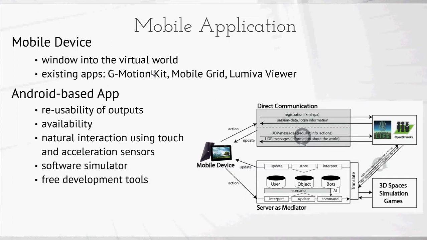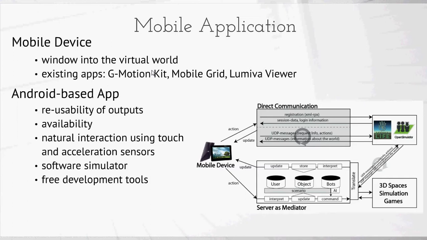We use mobile devices as this window, and despite the fact there are certain applications, we couldn't find one that is actually doing everything: looking at the objects, looking at the users, looking at the interactive bots that we implemented there, and allowing for complex scripting. So we decided to develop our own using an interest-based application.